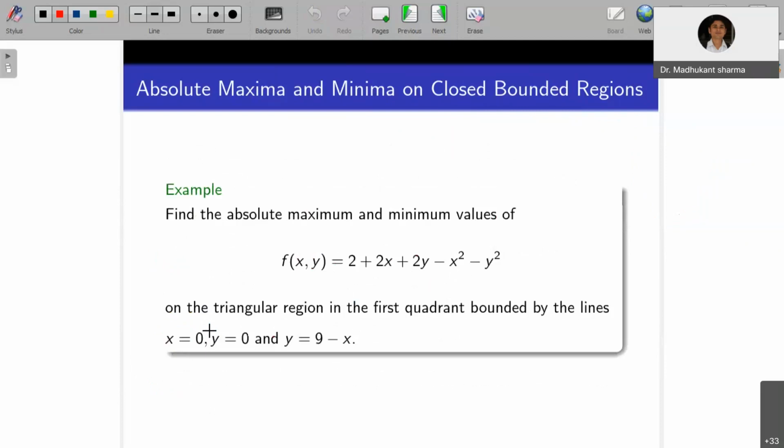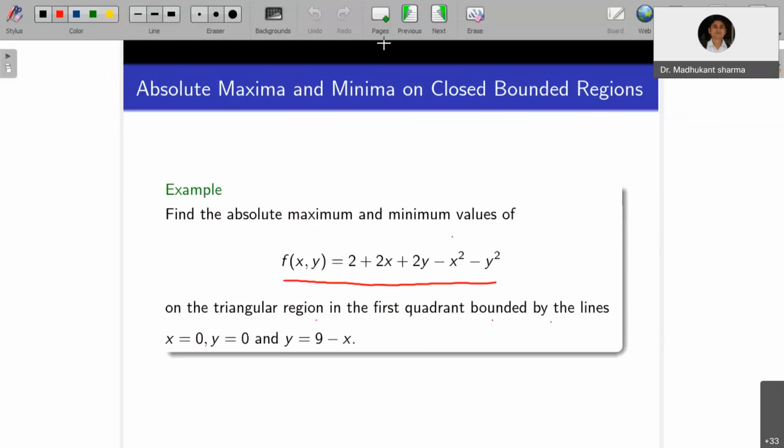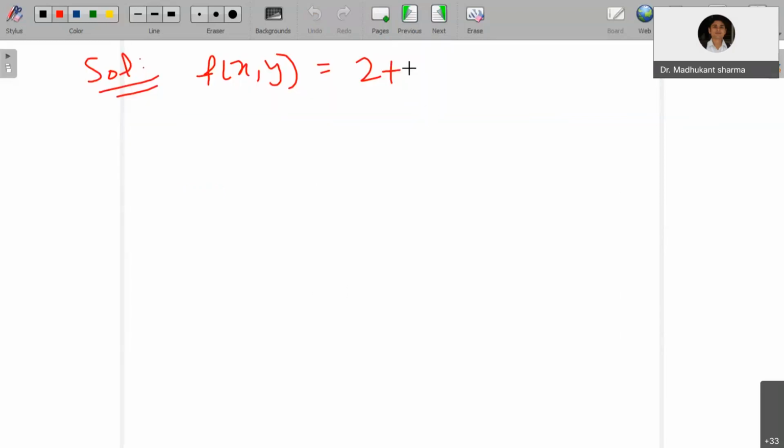So let's see this example, which says: find the absolute maximum and minimum values of this function on the triangular region in the first quadrant bounded by these lines. Let's identify f of x comma y equals 2 plus 2x plus 2y minus x squared minus y squared.